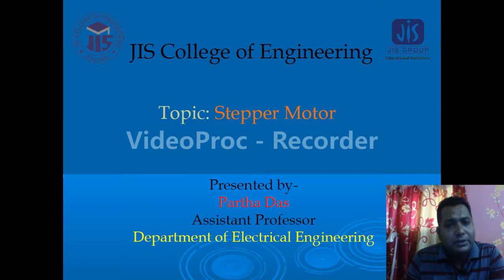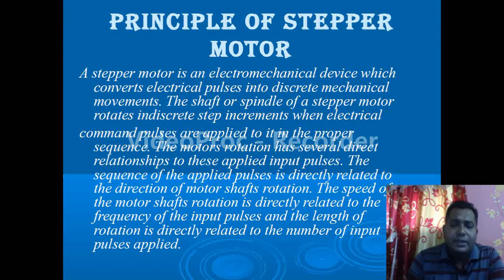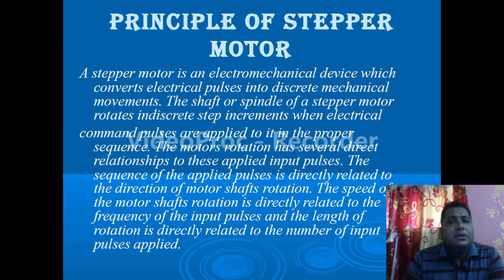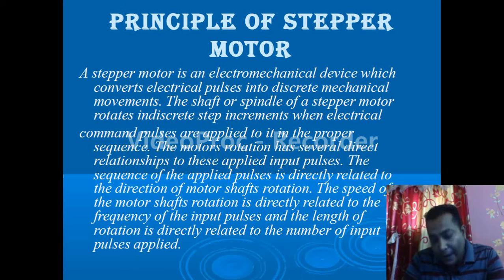Coming to the next slide: principle of stepper motor. A stepper motor is an electromechanical device which converts electrical pulses into discrete mechanical movements. The shaft or spindle of a stepper motor rotates in discrete step increments when electrical command pulses are applied to it in proper sequence.